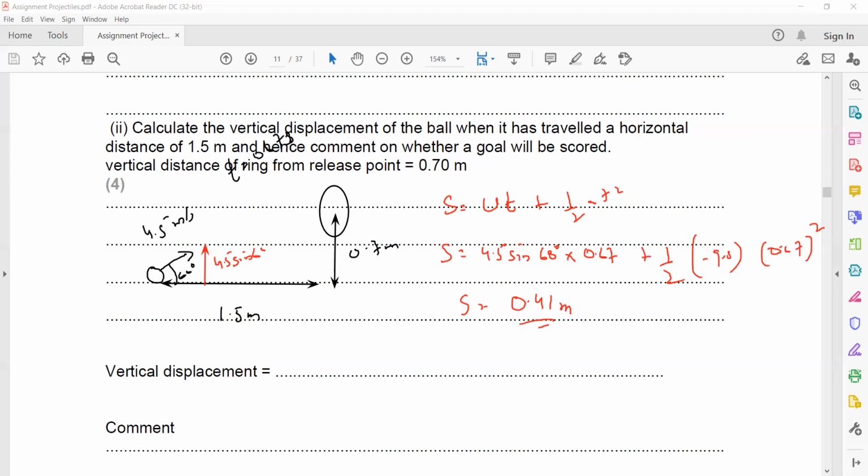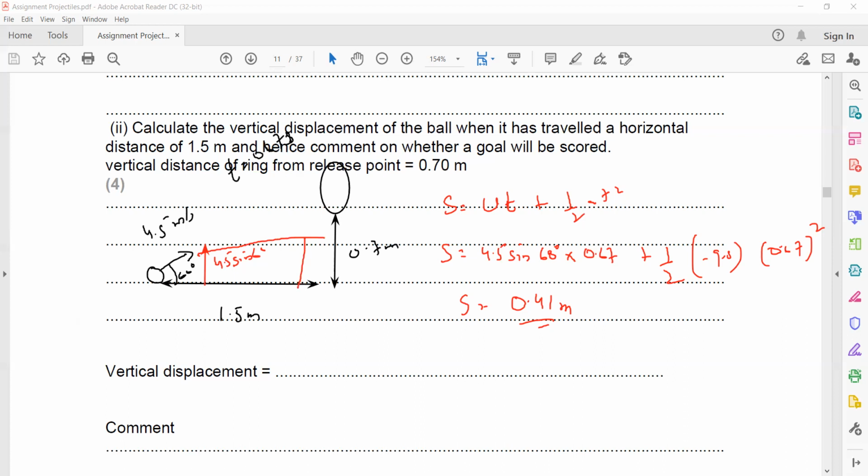So when the time is equal to 0.67 second, the ball is only at a height of 0.41 meters.